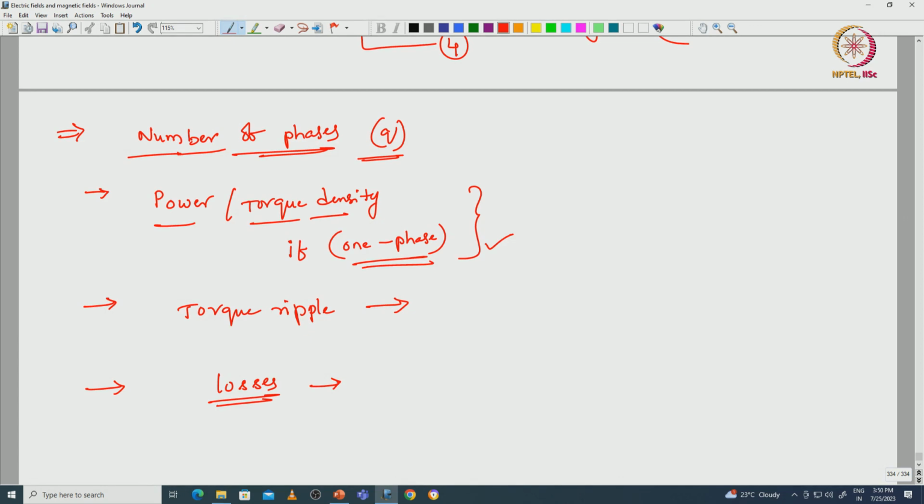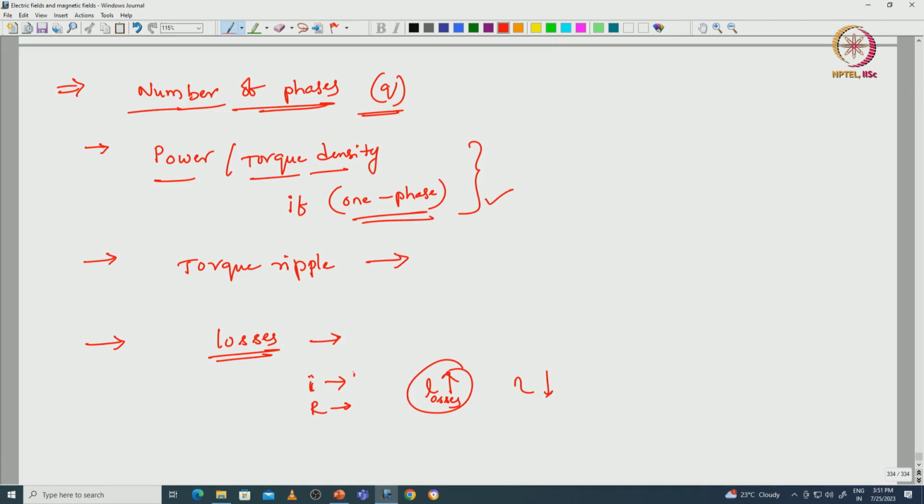If the number of phases increases with respect to the power rating, and the current and the winding resistance are not changing, then the losses in the multi-phase machine will increase and efficiency will come down. If the winding resistance and current are not the same, then the losses may come down and efficiency will increase. So, with respect to the losses also, we have to select the number of phases.